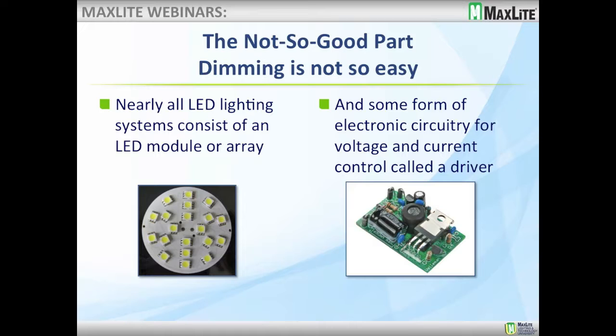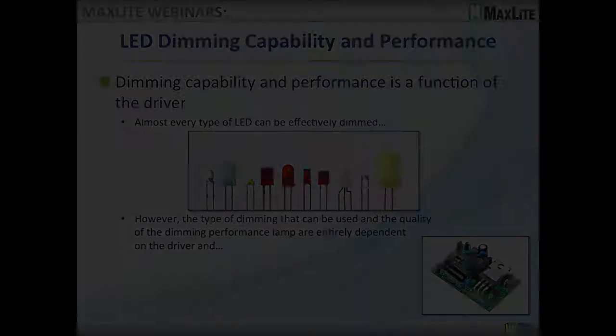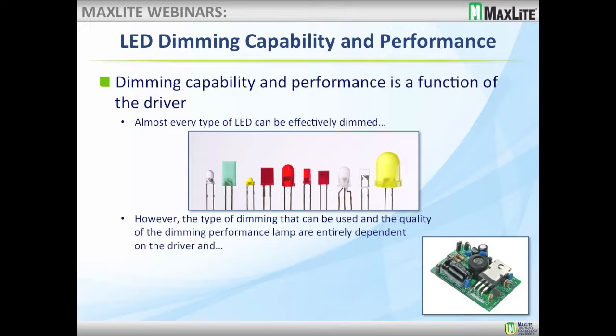And that device is known as the driver, similar to a ballast in a fluorescent lamp, but we call it a driver for LEDs. And so the issue with that is every LED itself can be effectively dimmed, but the driver may or may not be dimmable. So it's the driver that's really controlling things for us.